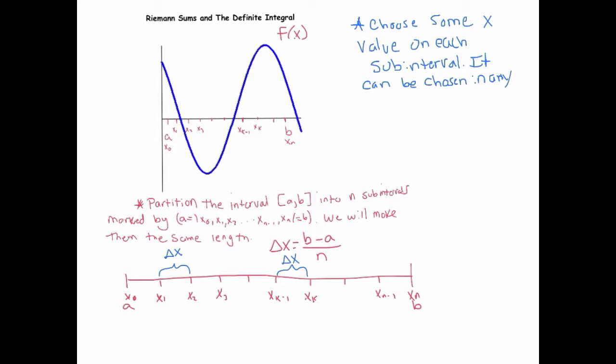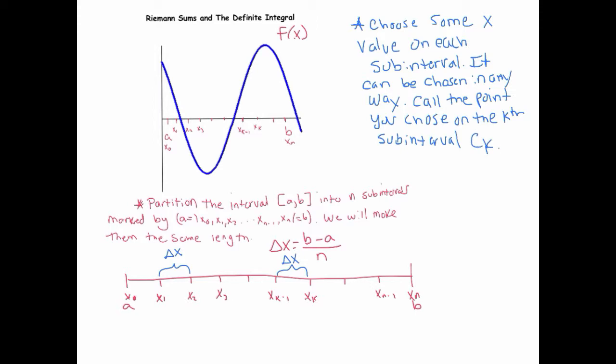You could just randomly pick some. And I'm going to call the point you choose on the kth subinterval c sub k.